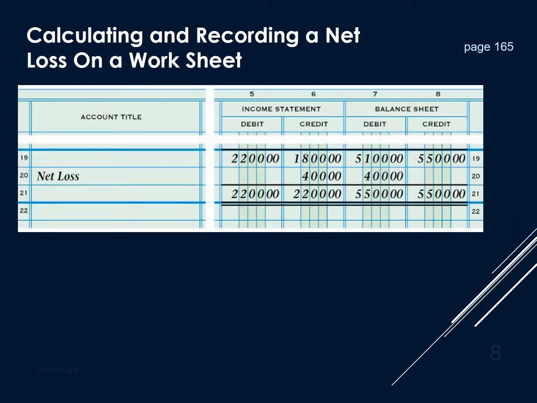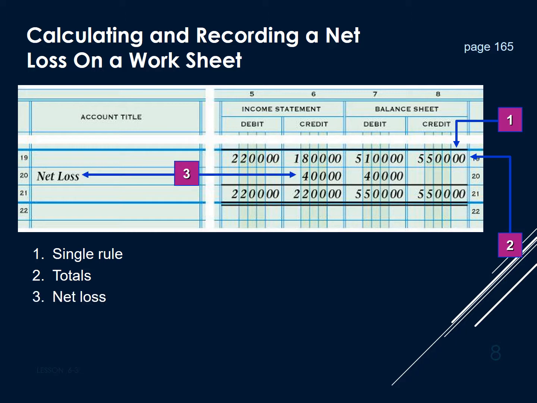What happens if we have a net loss? We will draw a single line across columns 5, 6, 7, and 8. We will add up our totals in columns 5, 6, 7, and 8. Then we will look at our income statement debit and credit columns. If our debit column is larger than the credit column, we have incurred a net loss.